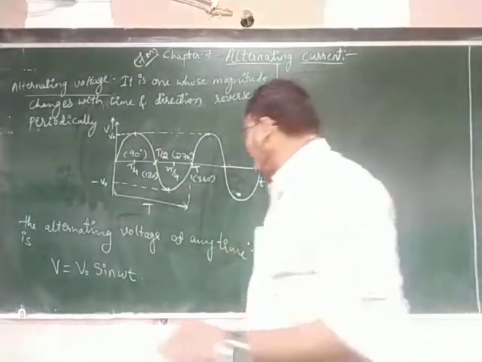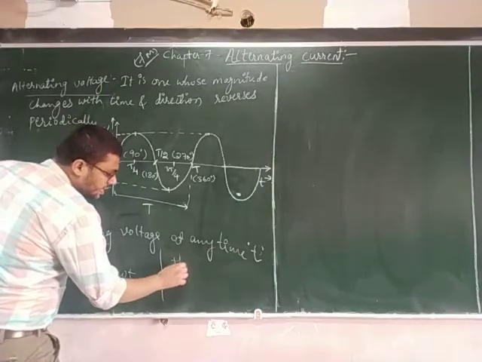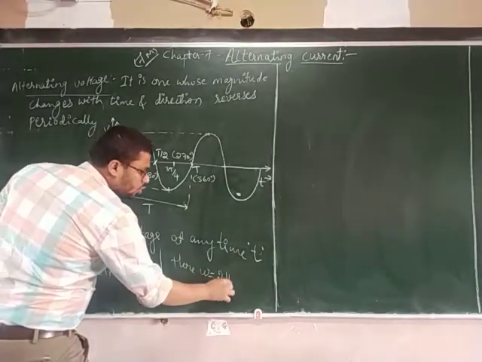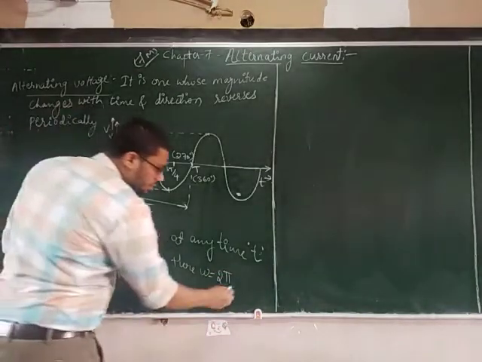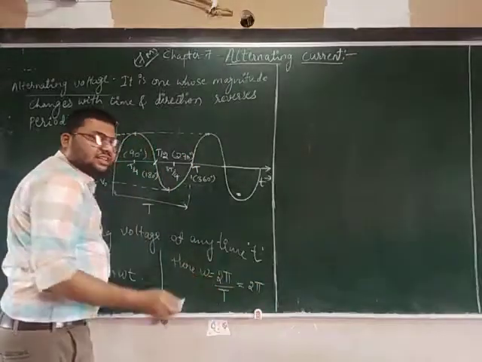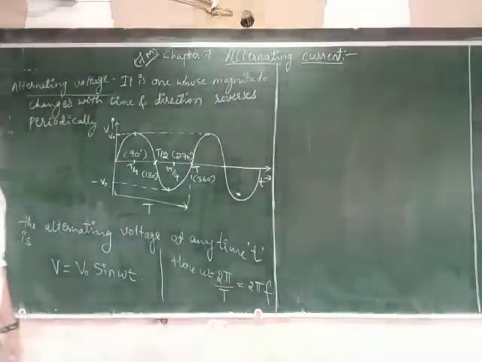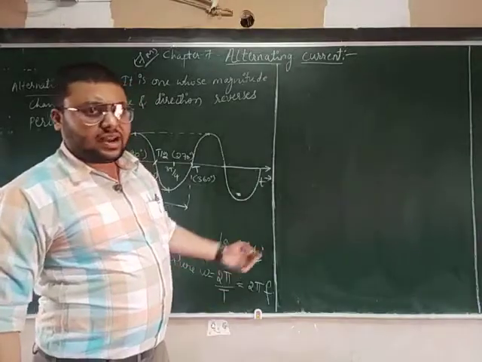Okay, and here omega can be written as 2 pi divided by T, that is, omega is 2 pi by T.